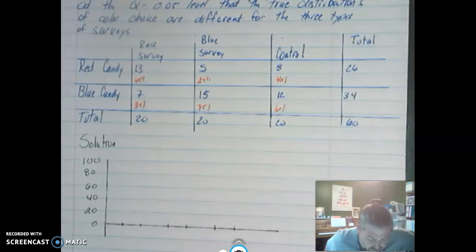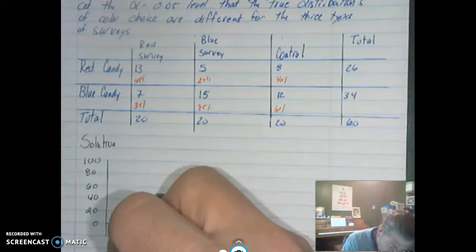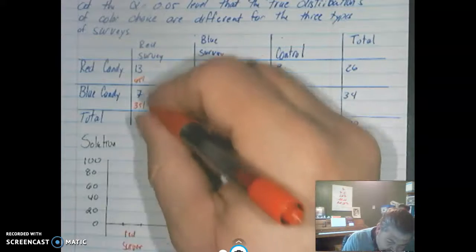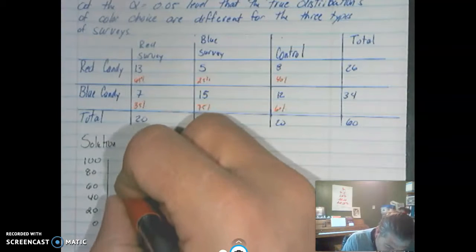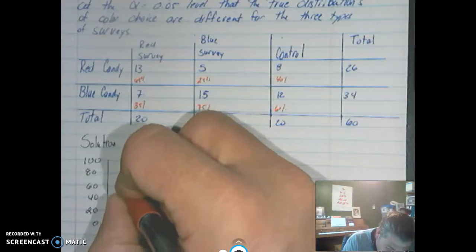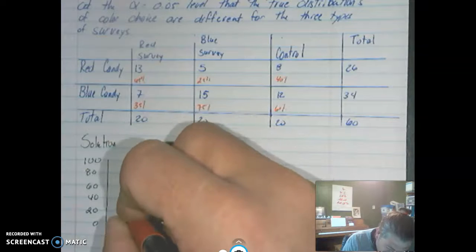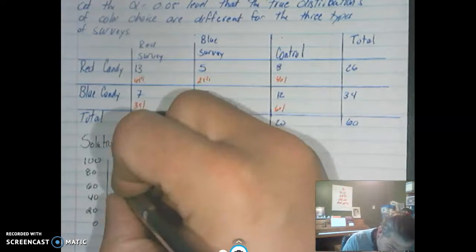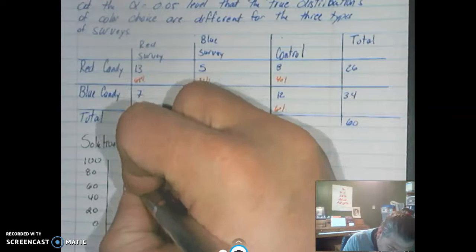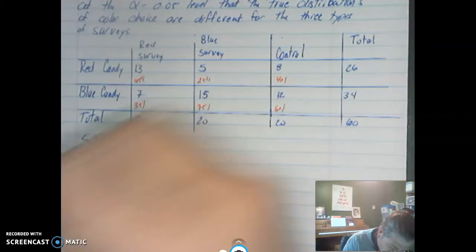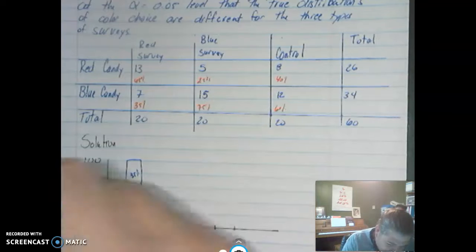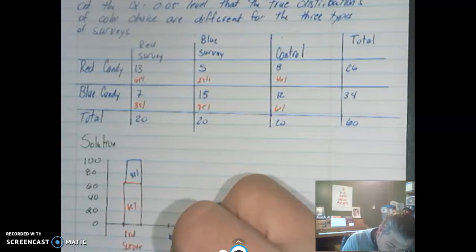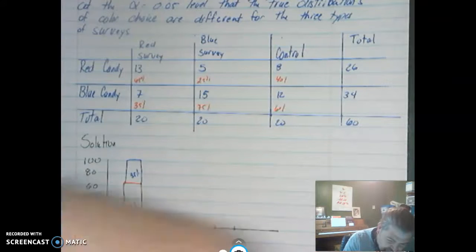Okay? So then what I'm going to do is red survey. I'm going to do the red first, so that's 65. So if I just draw a quick little bar like that, and then I can come down here and say 65%. And then the blue is going to match up here. Okay. Now since I did the red first on this survey, I need to do the red on the base as well, so we can have that comparative color.